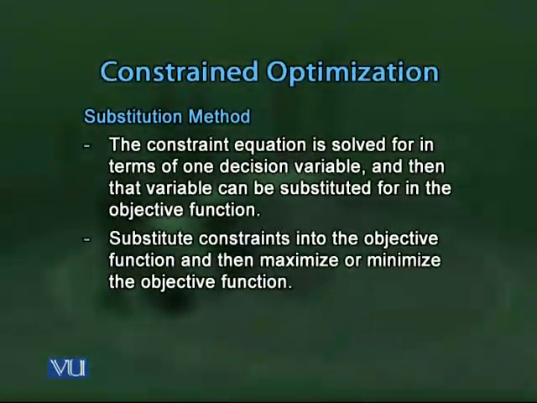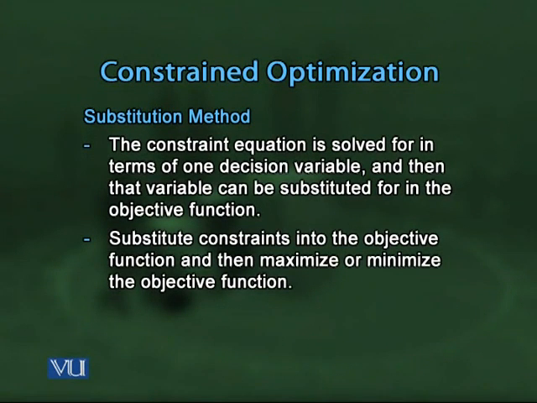So in order to consider this constraint, now we have two methods to find the solution to a constrained optimization. One method is called the substitution method, and the other method is called the Lagrangian multiplier method. In the substitution method, we are given an objective function which is to be optimized.